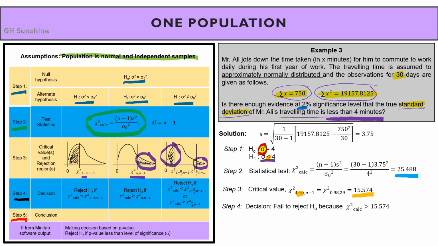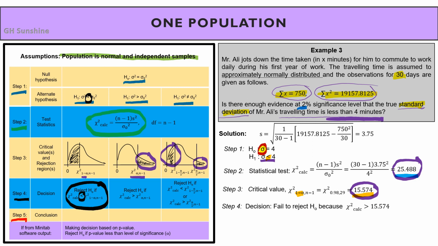Chi-square calculation here is more than the critical value. That's why we fail to reject H0. Based on this concept, reject H0 if chi-square calculation is less than the critical value, because H1 here is less than.